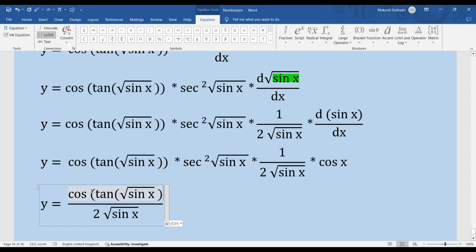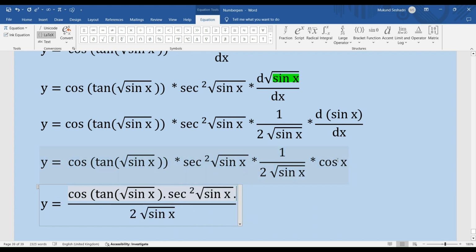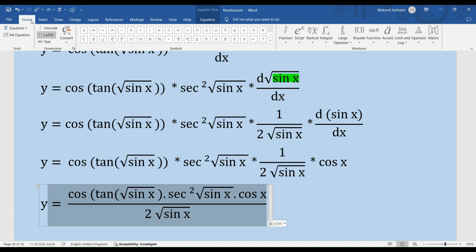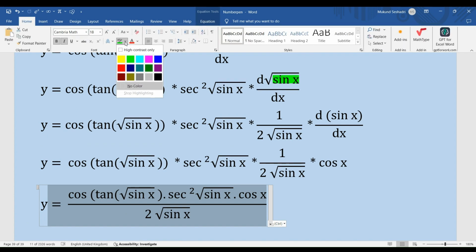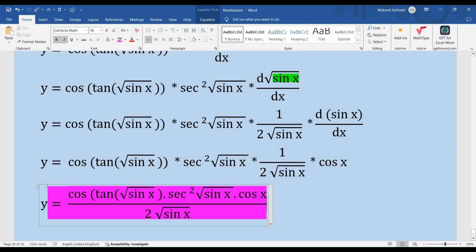First expression being cos of tan root sine x, into the second expression, secant square root sine x, and the third expression being cos x, right? So that's how we go about solving these problems. And there we have my final answer on screen. Let me highlight it in our usual pink.